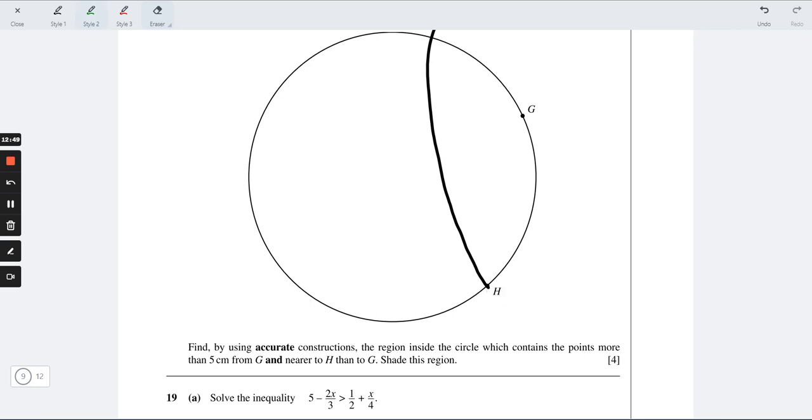Then you will connect G with H and bisect this segment. Bisecting this segment means a line will pass through GH like this. Let's say this is the midpoint between G and H. So draw the line now. You will see the region that they need, which is closer to H, is this one here.